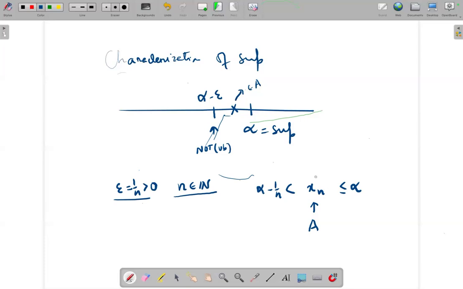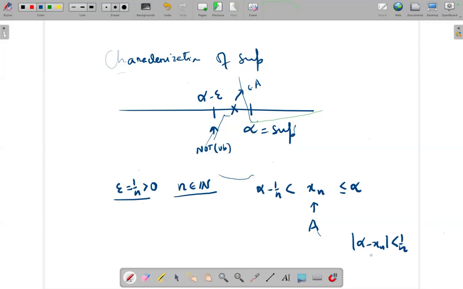So most probably the distance between alpha and xn is not 1 by n, but less. This distance is less than 1 by n. So if I try to write this, then what do I get? Alpha minus xn, or xn minus alpha, is less than 1 by n. I believe we have encountered a sequence.